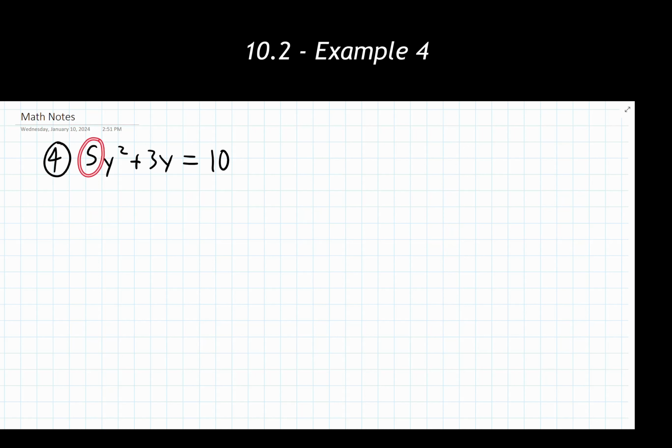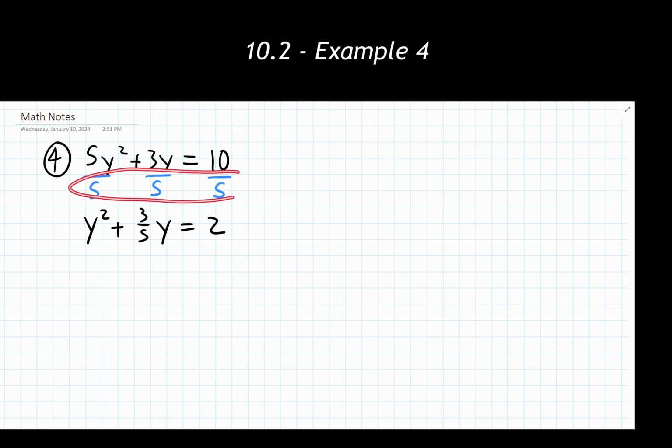So I do not want this 5 out front here. The only way I can get rid of it is if I divide this term by 5, and the next term by 5. Remember that whenever you have to do this, every single thing, regardless of whether it has a nice number in front of it or not, and I say nice like this, where we're going to get a nice 2, or we get a fraction here, doesn't matter.